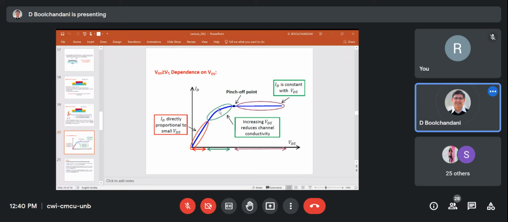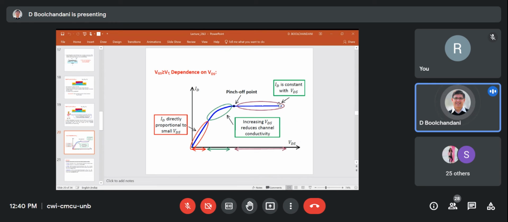And as the conductivity reduces, the channel resistance increases. And beyond pinch off, the current becomes constant. So if your drain to source voltage is greater than gate to source voltage minus threshold voltage, the channel is pinched off and the drain current becomes constant.